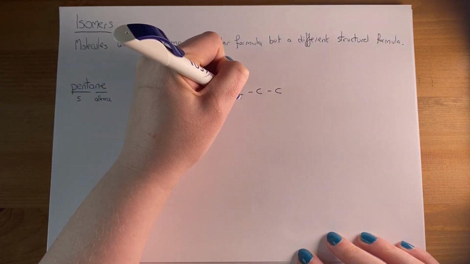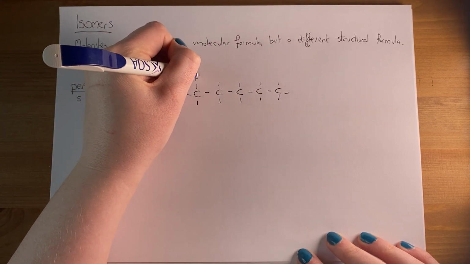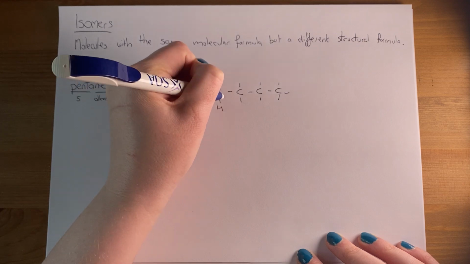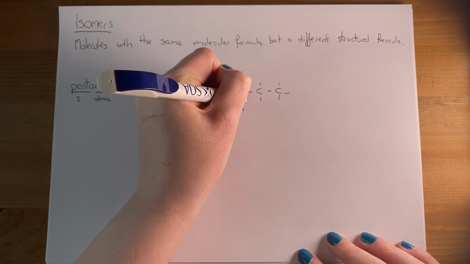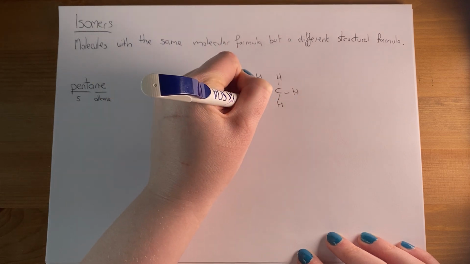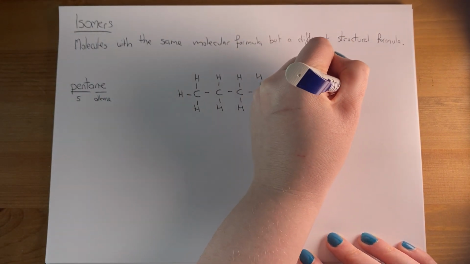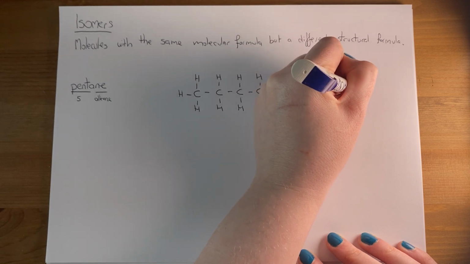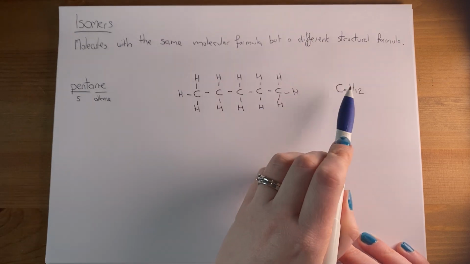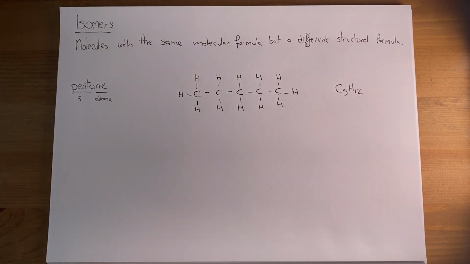So there are 4 bonds on every single one of these carbons, and those valencies are all filled with hydrogen atoms. And we're remembering our capital C's, our capital H's to get our full structural formula. And our molecular formula here is C5H12. So there's your full structural formula, there's your molecular formula, and then there's your name and where that's come from.